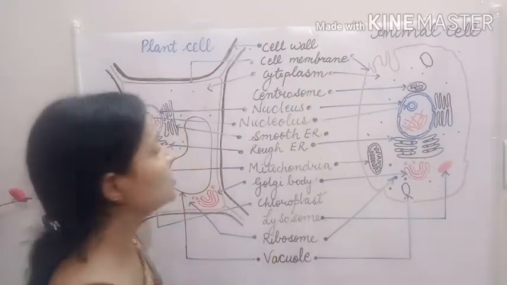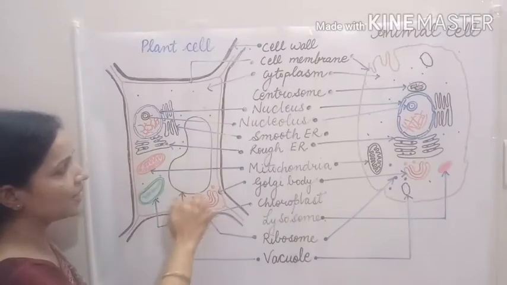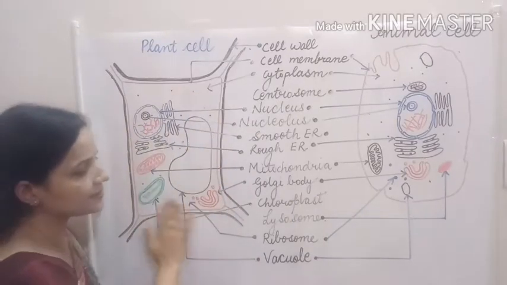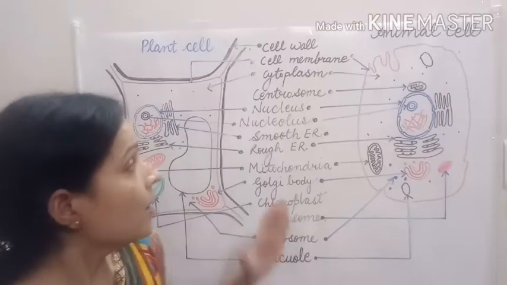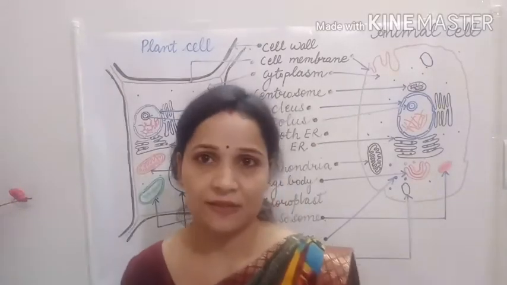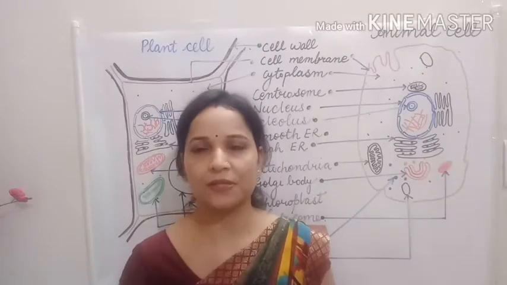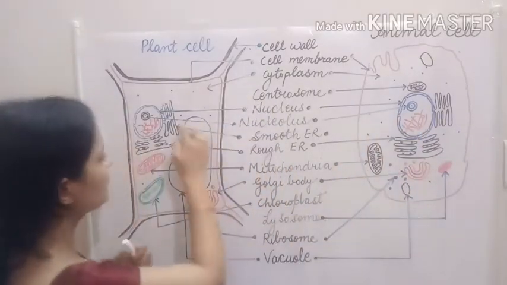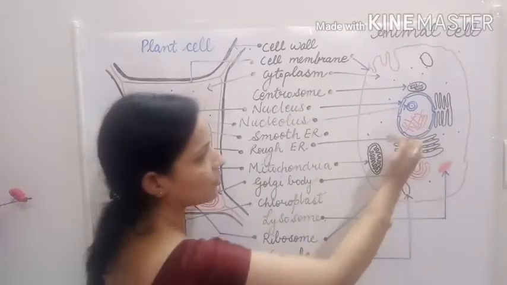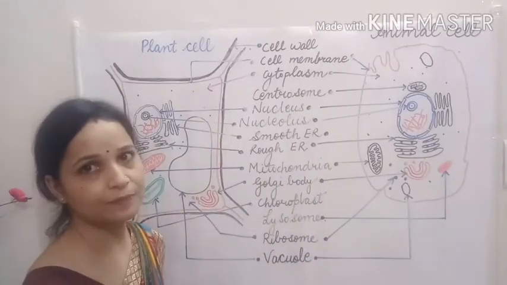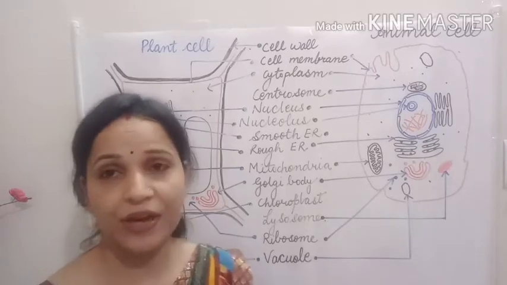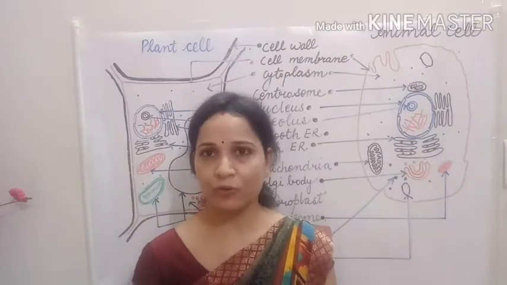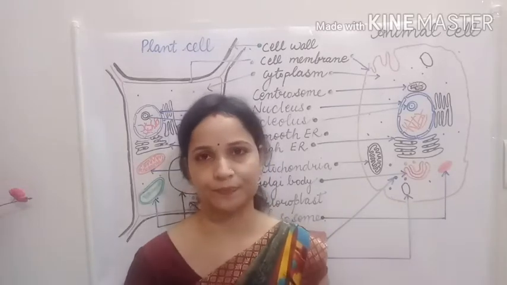It contains some tiny structures, and these tiny structures, as you can see in the picture, are called cell organelles. Most chemical reactions required to carry out life processes take place here.